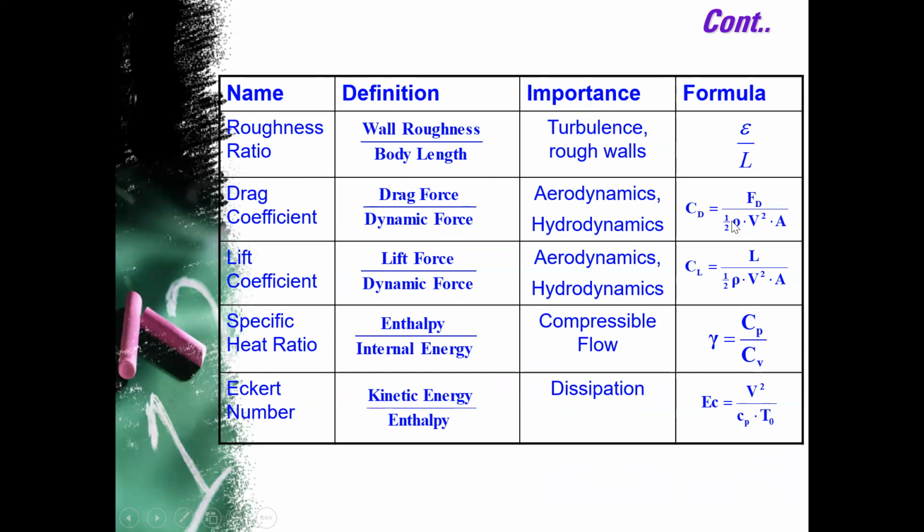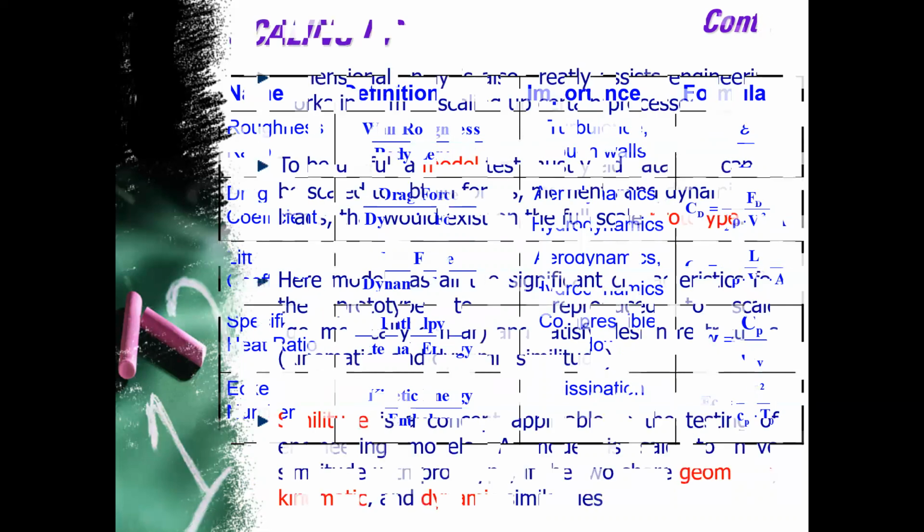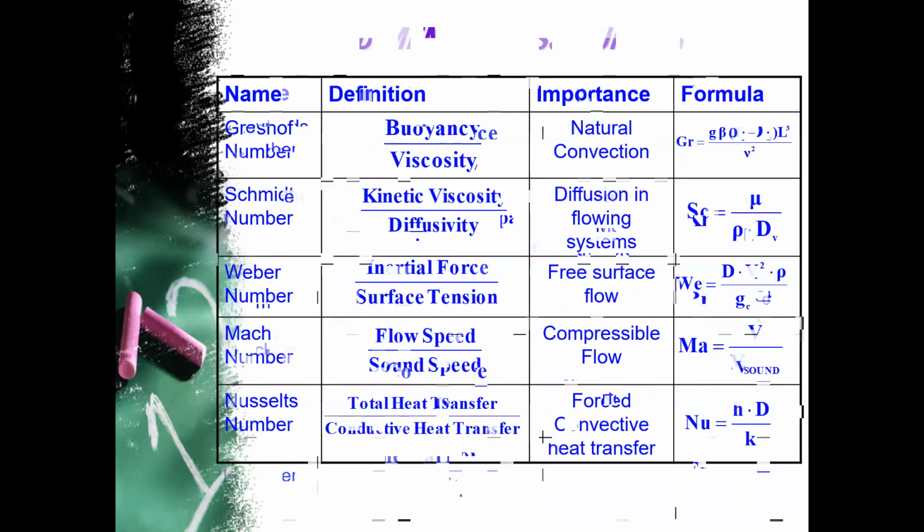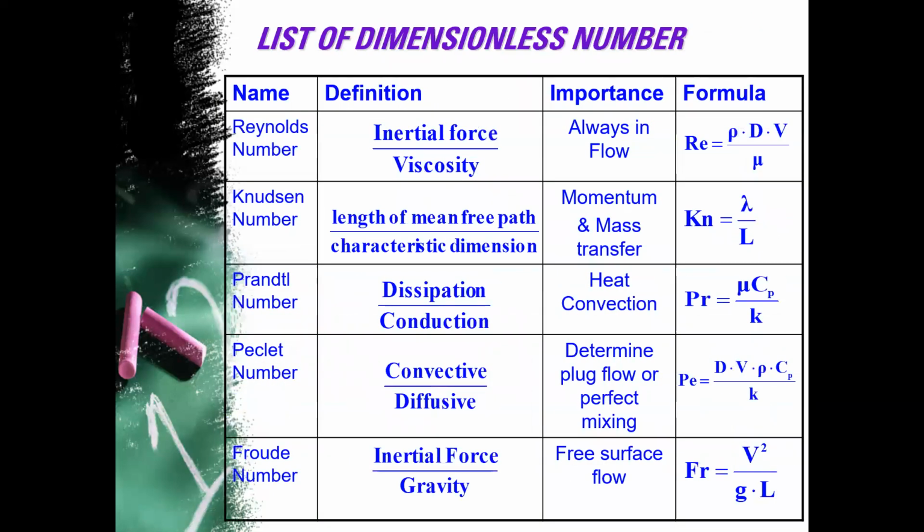These are developed by engineers, and they are very well defined. For example, the Reynolds number: if the number is less than 2000, it is said that the system is in laminar flow, right?